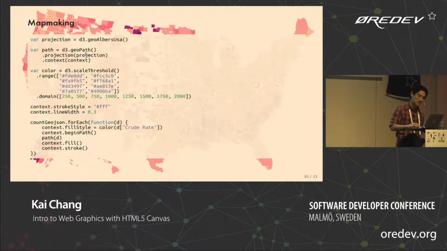And then D3, in its geopath, can take your canvas context that you're rendering to, and it knows when you pass in geographic data, which is usually in the form of GeoJSON or TopoJSON, how to render out all that data, or at least how to create the path, just like we did earlier when we were drawing that M.